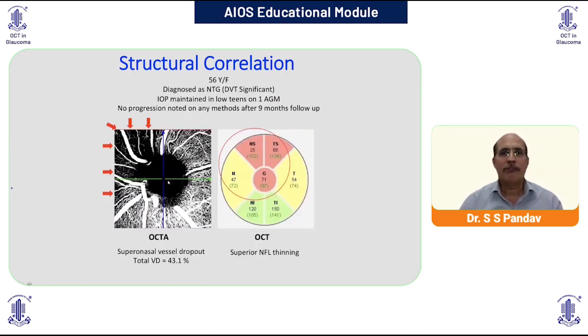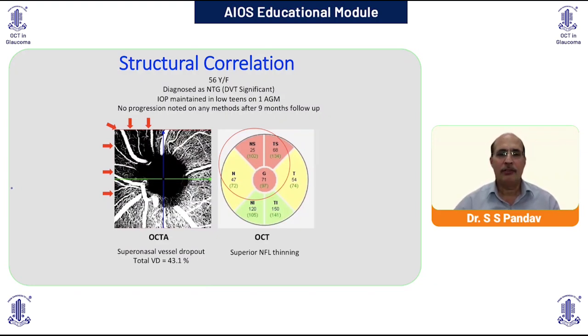So this is one of our patients, a 56-year-old female. This patient was diagnosed as NTG. The IOP was always within the normal range, maintained in the lower teens with one anti-glaucoma medicine, and we didn't find any progression over a period of 9 to 10 months of follow-up.